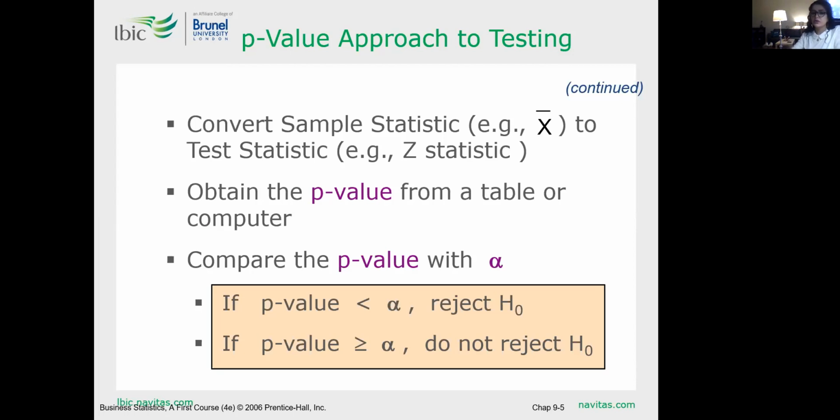The p-value is the probability of getting a test statistic at least as extreme as the observed test statistic computed from the data, under the assumption that the null hypothesis is true.